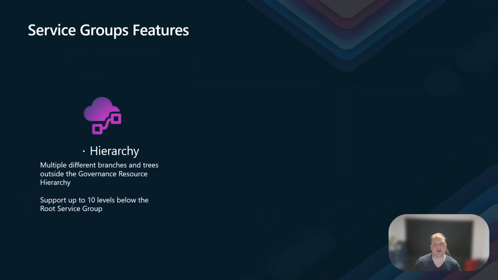So let's break down the key features that make service groups special. First, you have the hierarchy. You can enable multiple branches and trees independently from your formal governance hierarchy. Service groups can support up to 10 levels deep, so you can model your business, service, or app structure exactly how you need it.